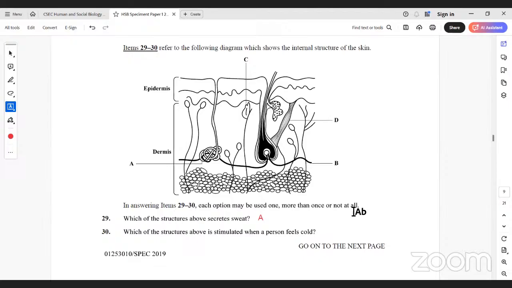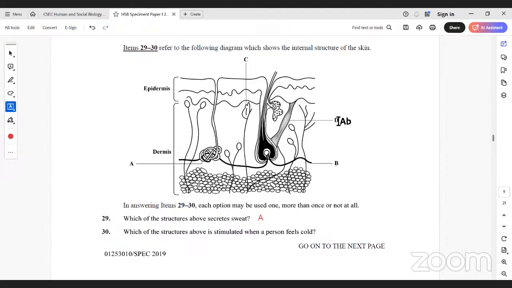Which of the structures above is stimulated when a person feels cold? What happens when you feel cold? When you feel cold, your skin is supposed to contract, right? We know your blood vessels will sink deeper as well. So we have to look at what they have identified in the diagram for us.